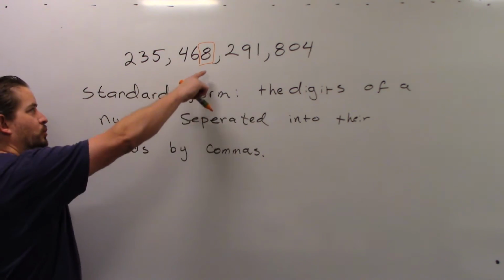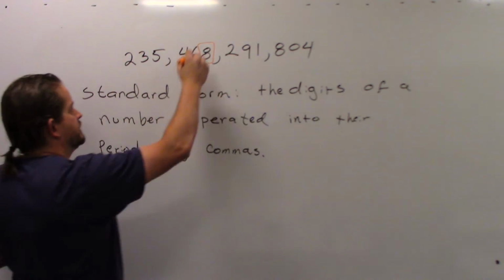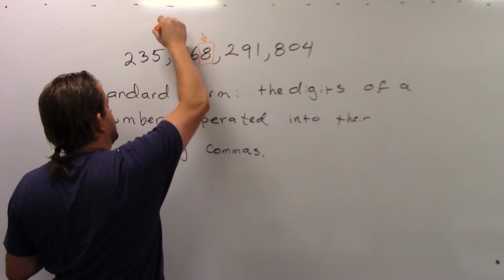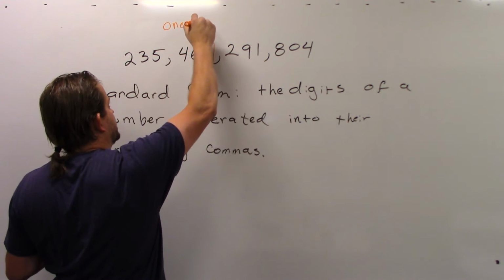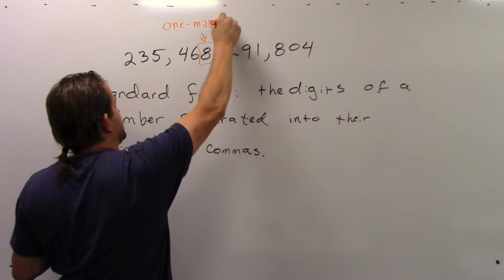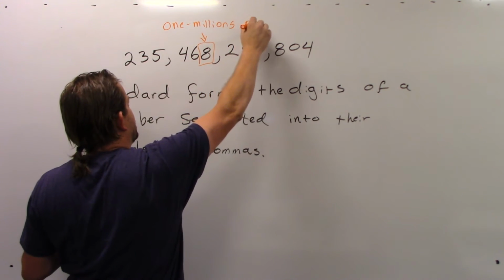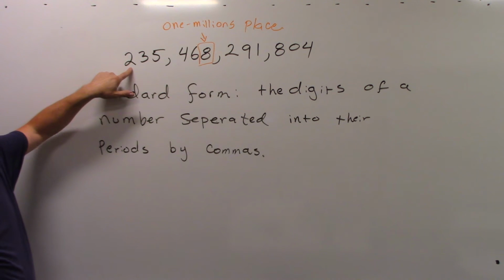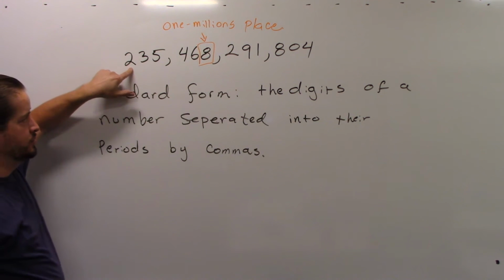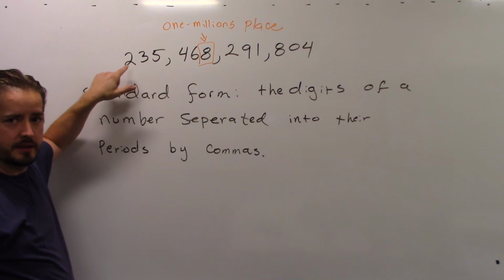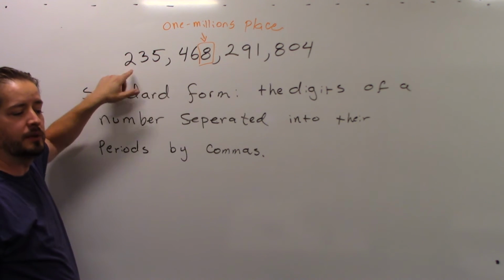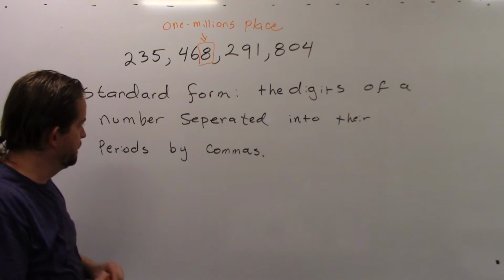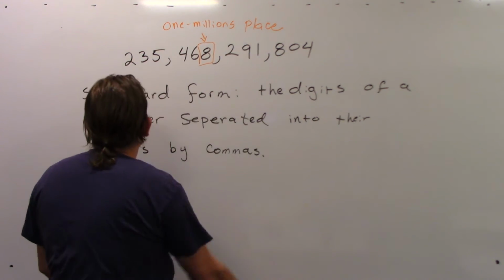And since it's in the ones place in the millions, this is the 1 millions place. How about this 2? Well, this 2 is in the billions period, and it's in the hundreds place, so it's the 100 billions place. Okay.